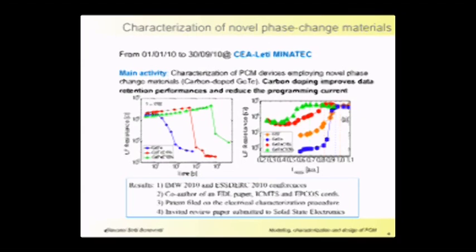The results of this work have been published in IMW, ESSDERC, E\PCOS conferences and an EDL paper. We have also filed a patent on the electrical characterization procedure, and we have submitted a review paper to Solid State Electronics.